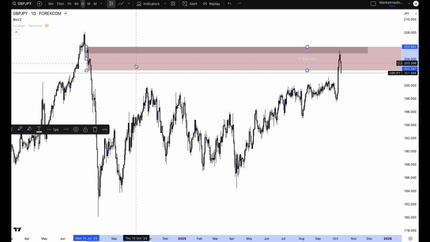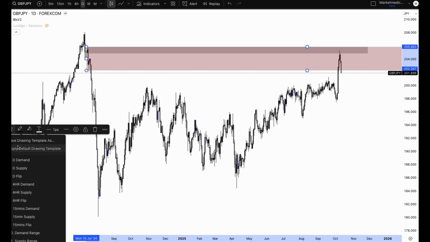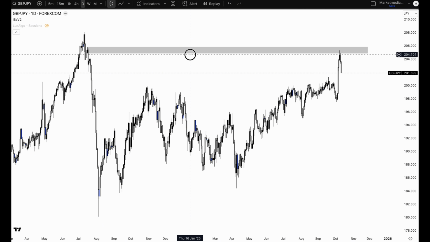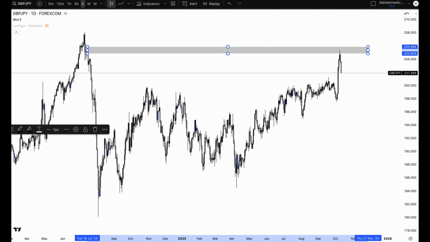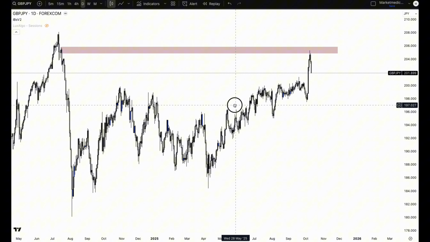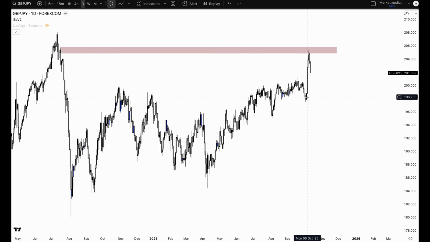Clearly here we have our daily supply. When the market traded bullish at the beginning of the week, it went straight into our daily supply order block and then traded back down.